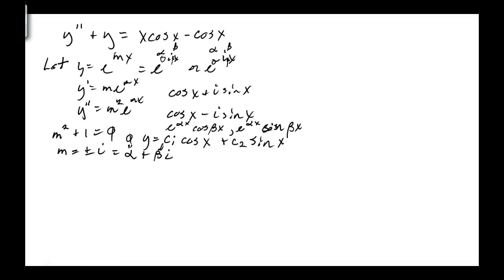That's why they say, in example 5, yc, this is a complementary solution, is C1 cosine x plus C2 sine x. I don't know what that dot is there for, but it's in the way. So there's your complementary solution.